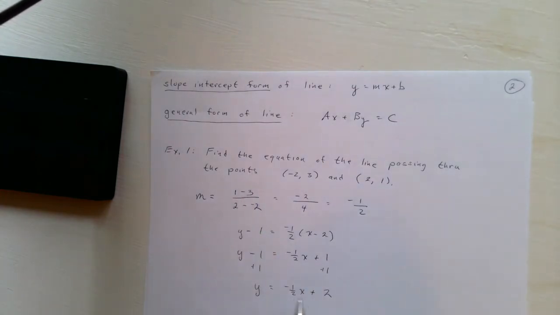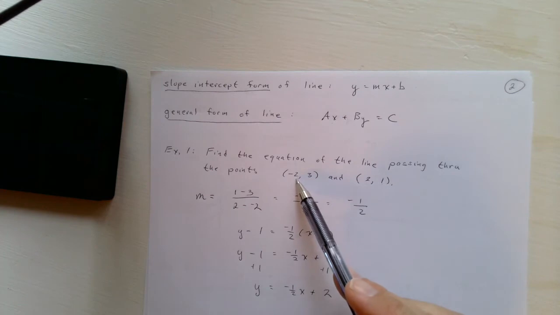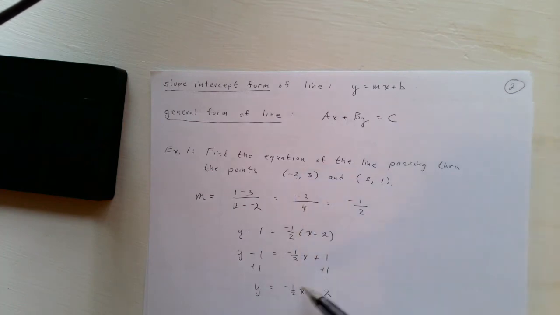And that's how most of the time I'd like you to write your equation of the line. We can check by plugging in the other point. If we plug in x equals -2, we get -1/2 times -2, that's 1, and 1 plus 2 is 3. So that works.